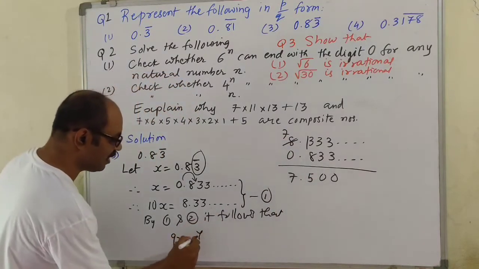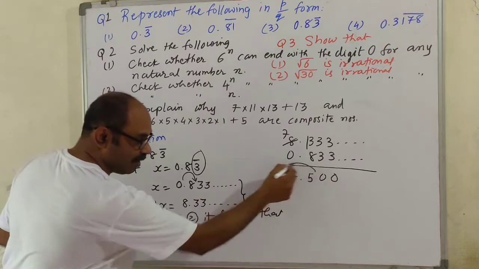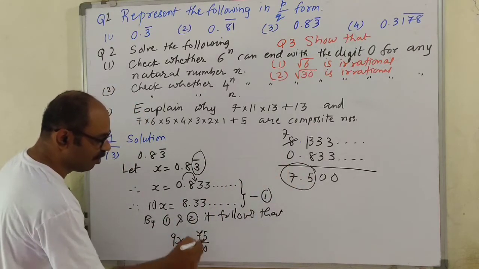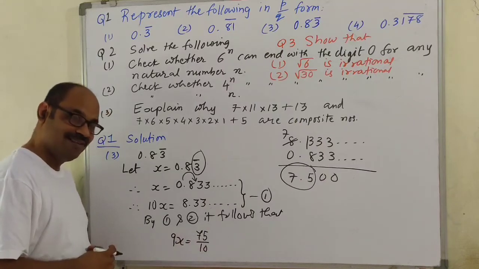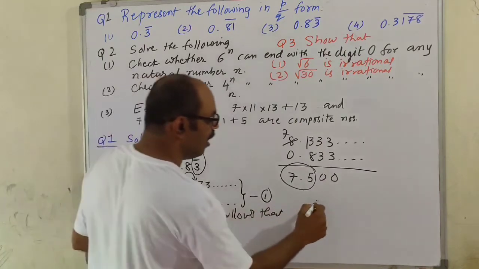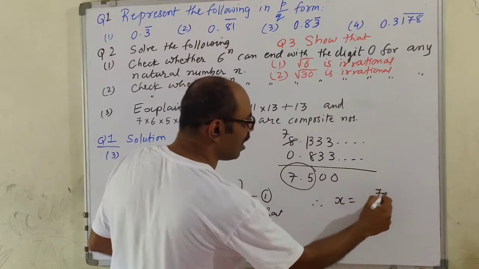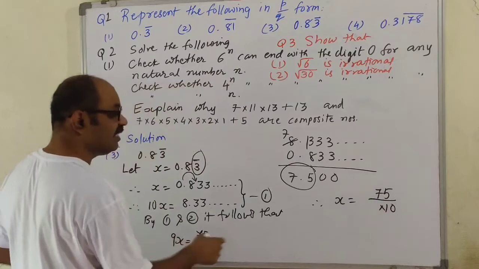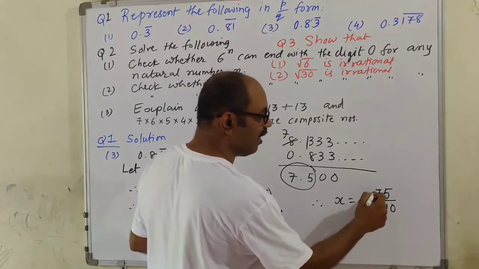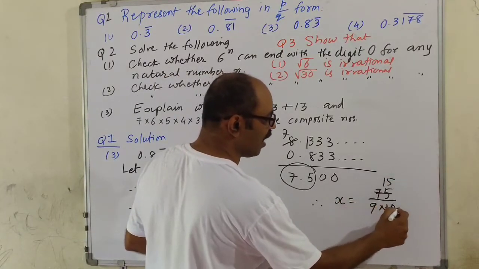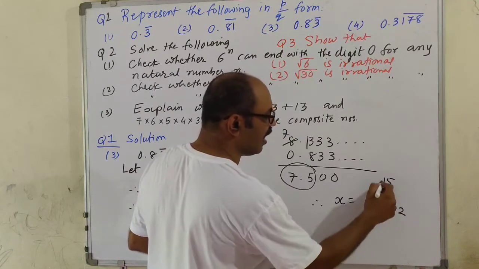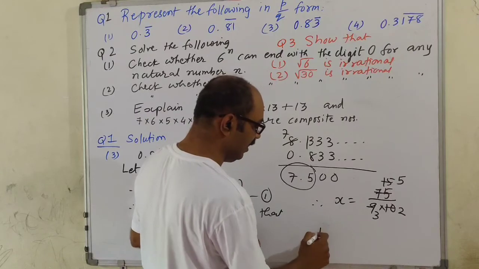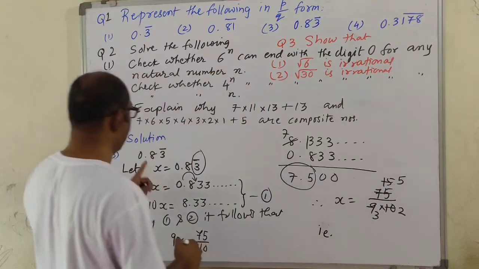So you get 7 point, what do you get? 7.5. Can you write directly? That is 75 upon 10. I have removed the decimal as well. Alright, so therefore x is equal to 75 upon 10, और ये 9 नीचे गया. अब जो भी reduce हो रहा है, 5 15s are 75, 5 2s are 10, 3 3s are 9, 3 5s are 15, nothing else can be reduced. i.e. now you got the value of x, but x is what?